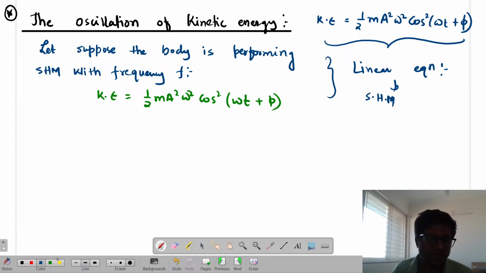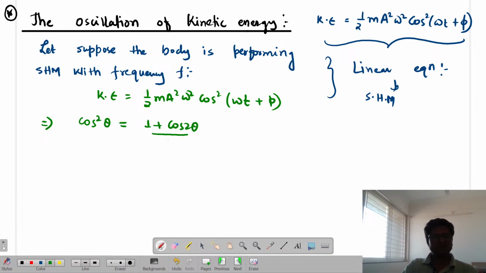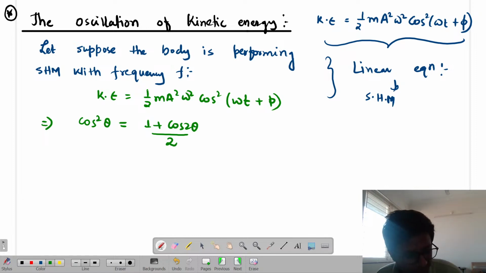You should first remember that every sin square theta and cos square theta can be converted into single sin theta and cos theta. Is that clear or not? So look carefully, if we want to write cos square theta, I am telling a formula, remember that cos square theta can be written as 1 plus cos 2 theta divided by how much? 2. Is that clear or not?